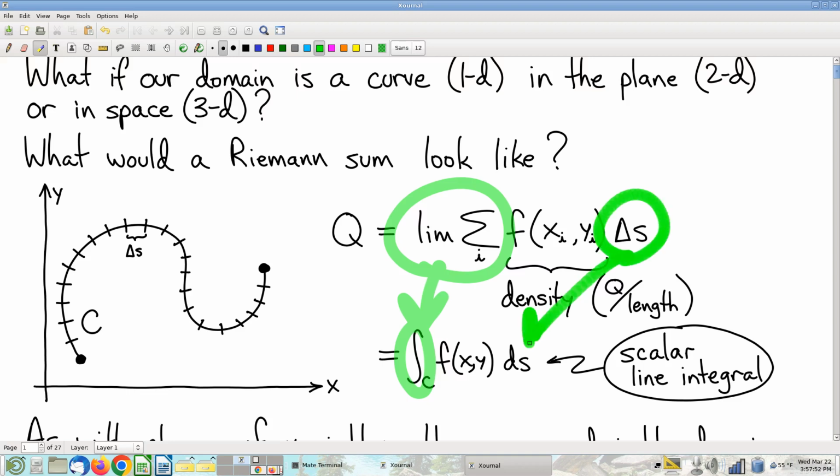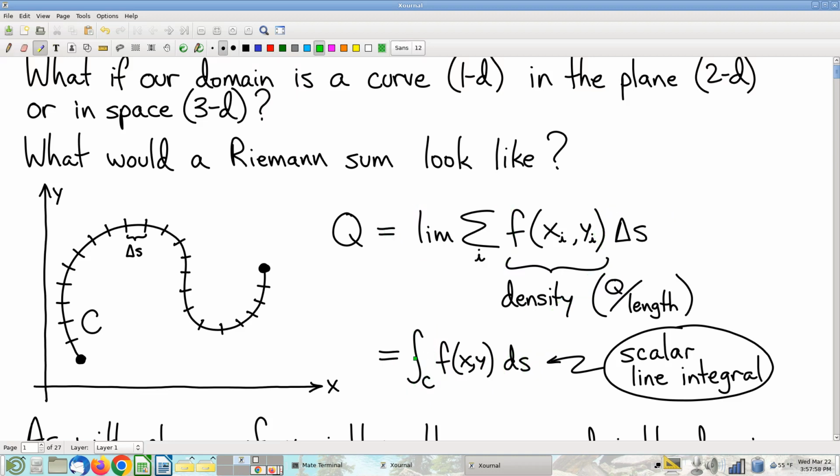We represent deltas with d's. Again, that's just notation, just like we've always used before. So I think the notation's pretty believable. Don't forget that the curve itself, the domain, the thing that you are chopping into little pieces, has to be represented in your notation. As with double integrals and triple integrals, we make it a subscript.